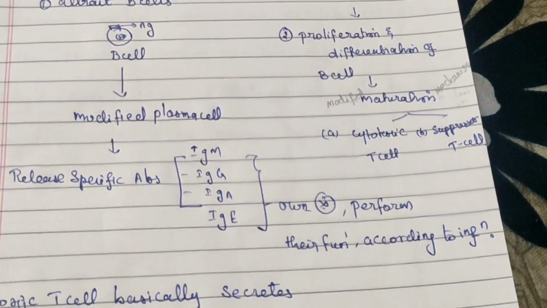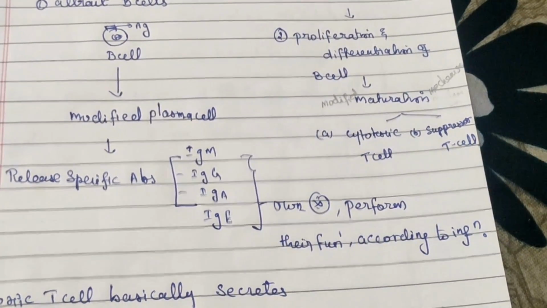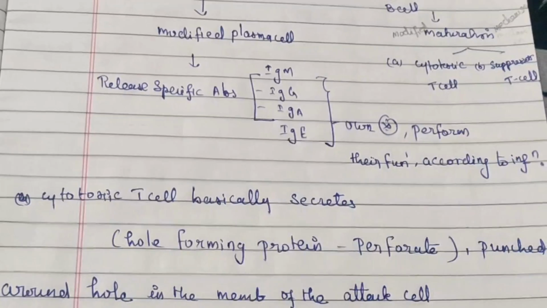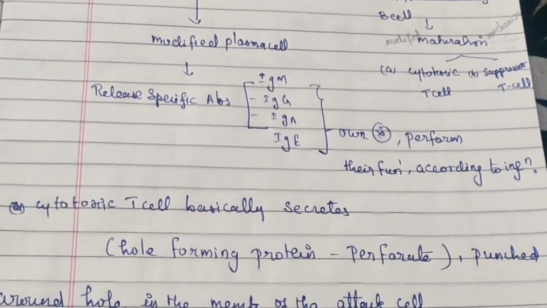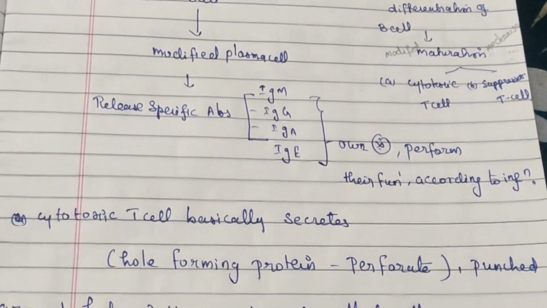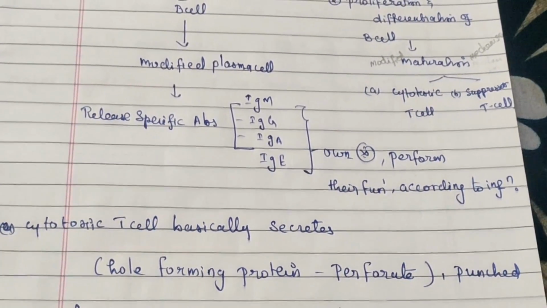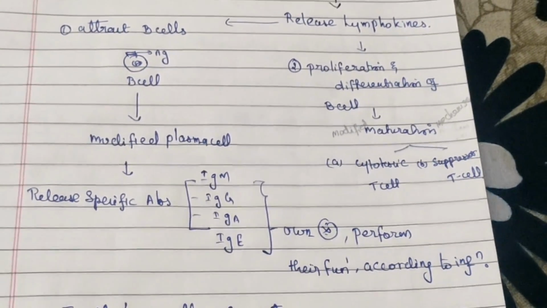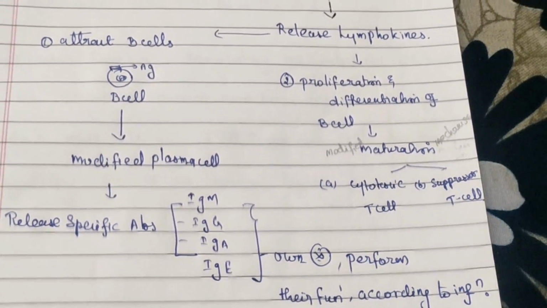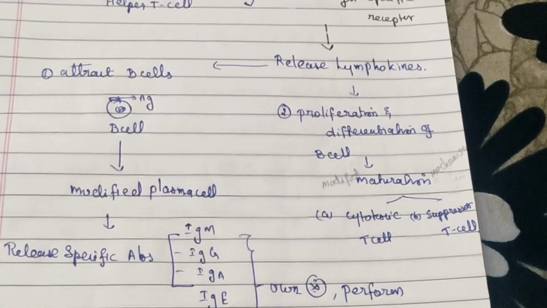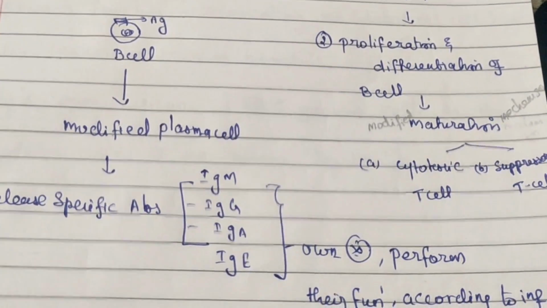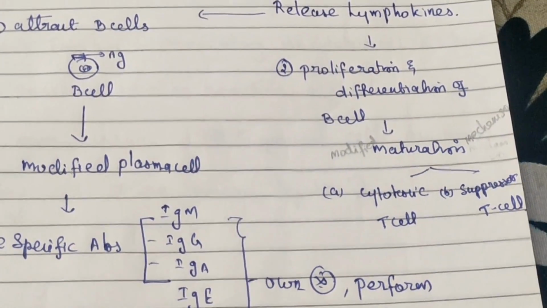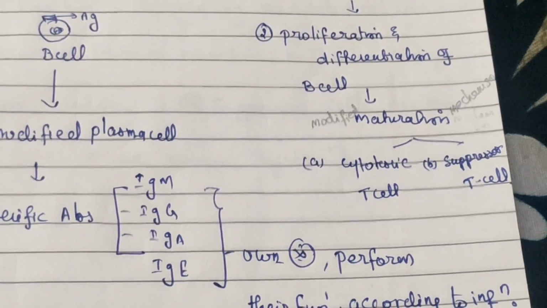These antibodies have their own importance and perform their function according to the infection. So it is very important how we can grade these antibodies as per infection. Other than that, these lymphokines were also released for proliferation and differentiation of the B cells.